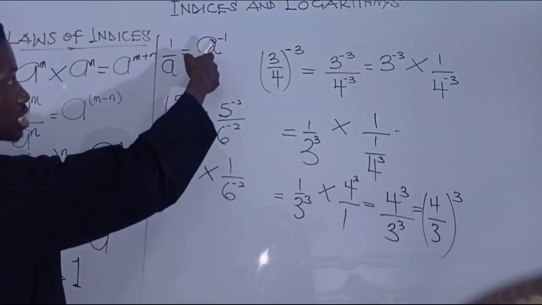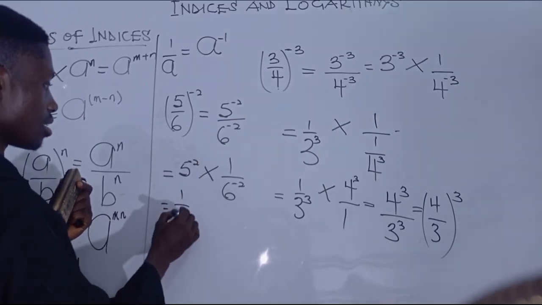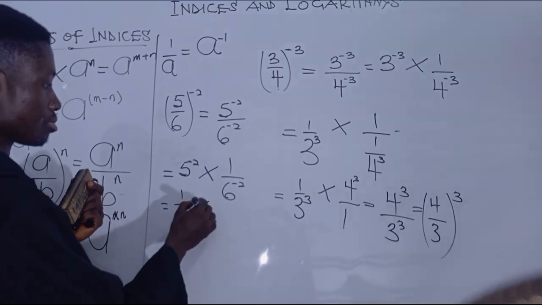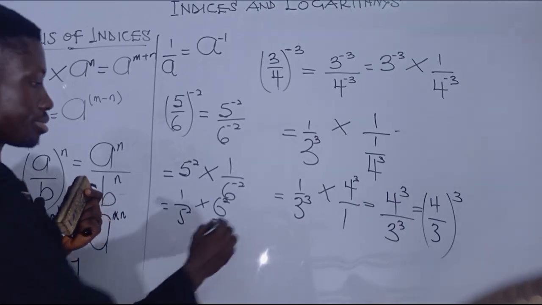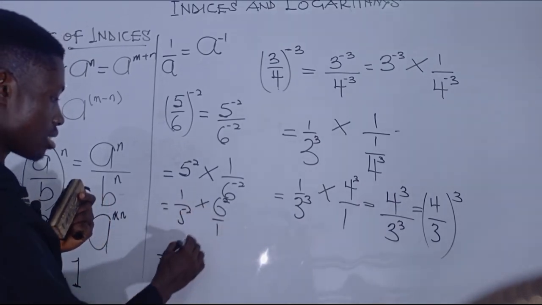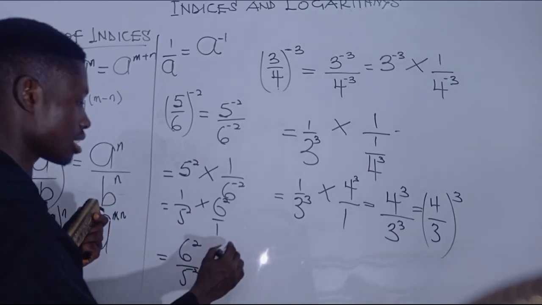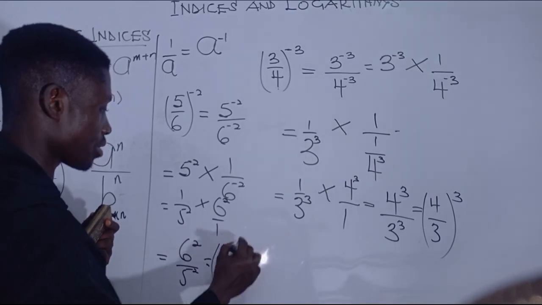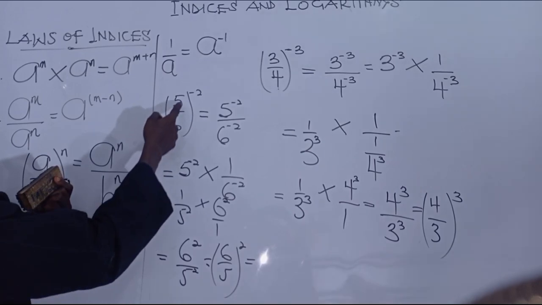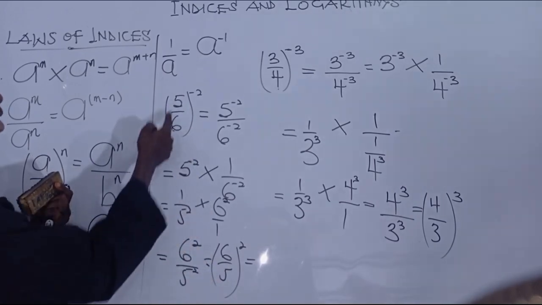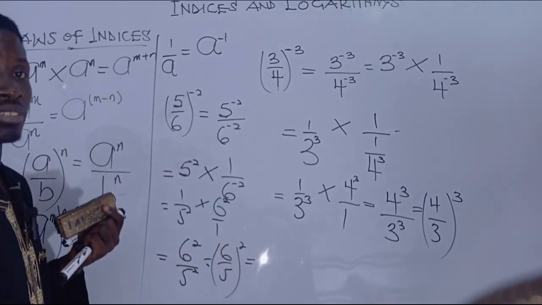Now applying this concept, we can write this as 1 over 5 raised to the power 2, and we can write this as 6 raised to the power 2 all over 1. Now we have 6 raised to the power 2 all over 5 raised to the power 2, and we can write this as 6 over 5 all raised to the power 2. So you can observe that we have just reciprocated this to become this, and the negative index has changed into a positive index.